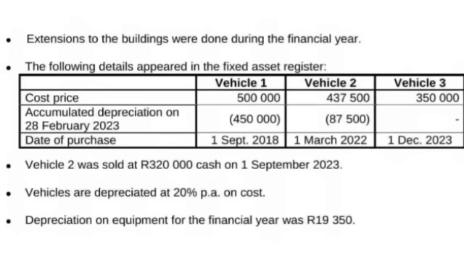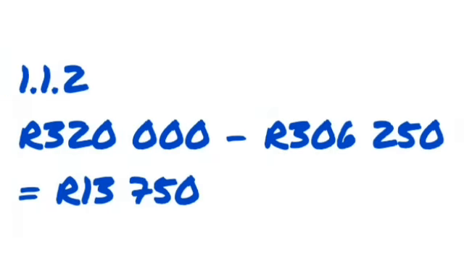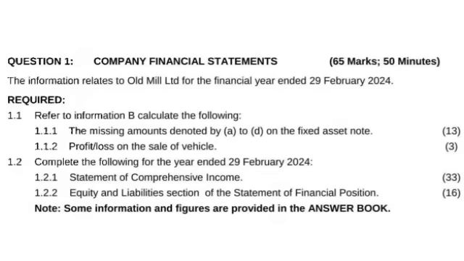How much was its carrying value? We calculated it in C, and it was 306,250. So for profit, we take the 320 and we minus the 306,250. Where do I get 306,250? It was what we calculated in C in the previous question, and it gives me the profit of 13,750. How do I know that it's profit? Because the amount I sold it for is higher than the amount of its carrying value.